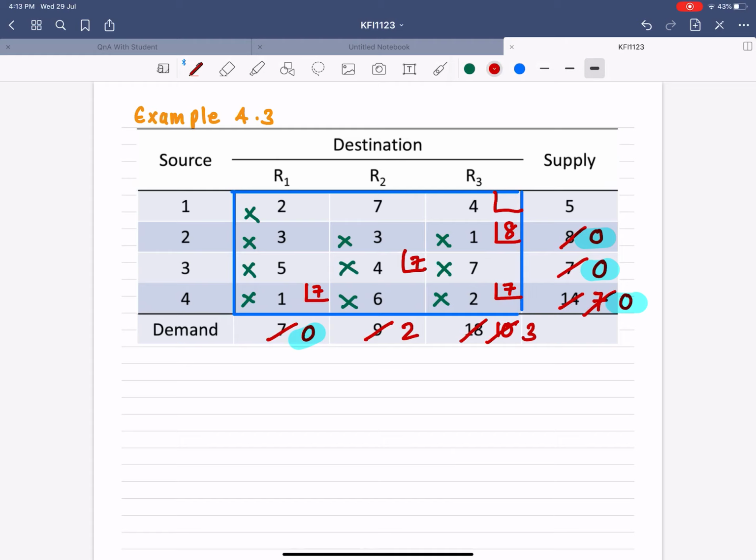We need to compare 5 and 3. Since 3 is less than 5, we will allocate 3. So 3 minus 3 is 0, 5 minus 3 is 2. And since we have 0 here, we will cancel out the third column.